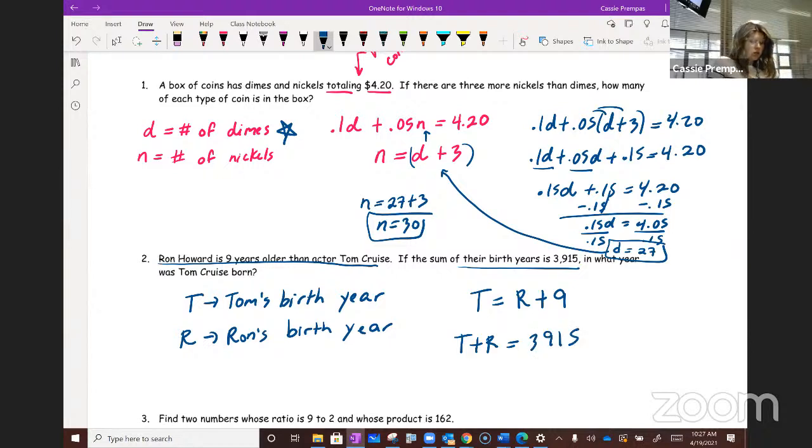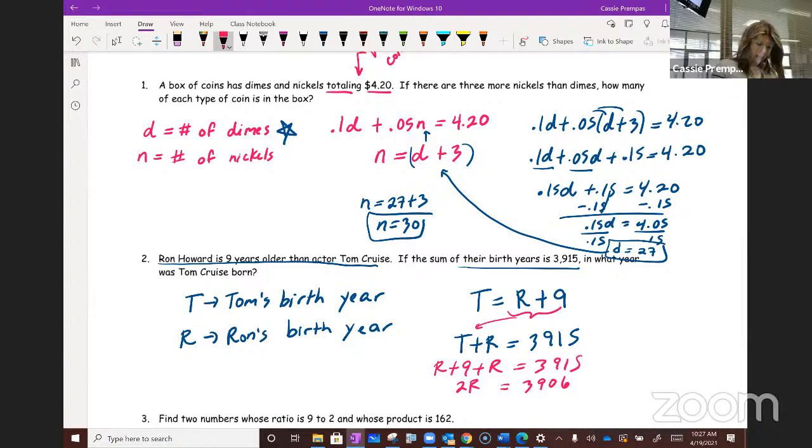You could use substitution or elimination for this. If you want to use elimination, you'd have to subtract the R. But we can plug R plus 9 in for T if we want to use substitution. And I have 2R equals, let's see, 3915 minus 9 is 3906.